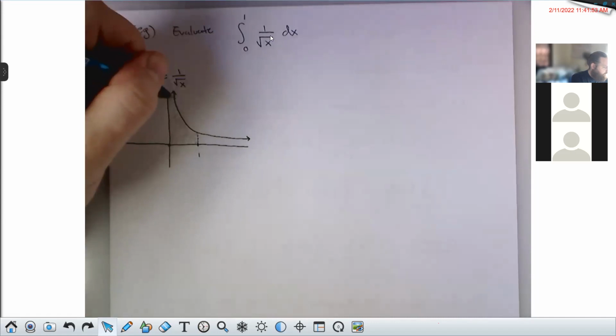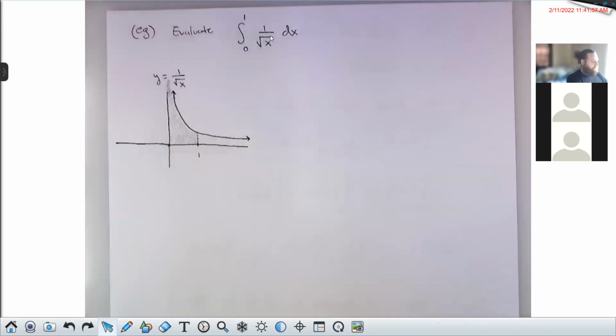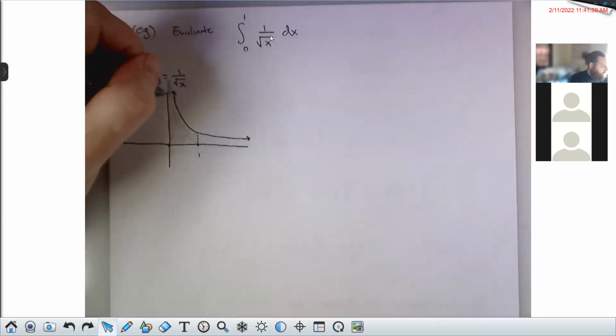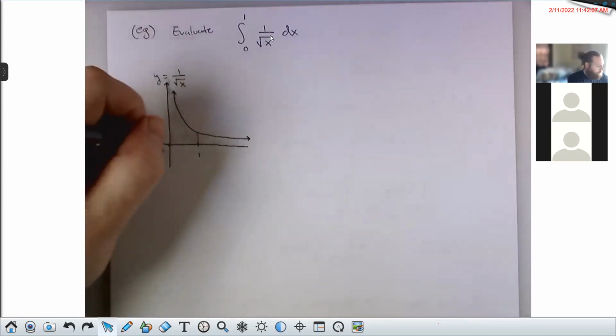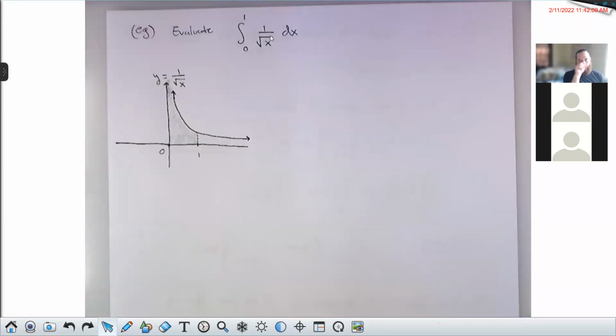This region is infinitely tall. Which means that I cannot just straight up integrate from 0 to 1 using normal Riemann integration techniques, because again, I can't build a Riemann sum. The rectangle whose endpoint would be here is infinitely tall. It's undefined.